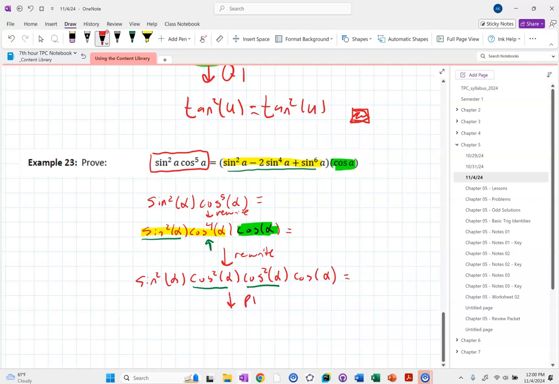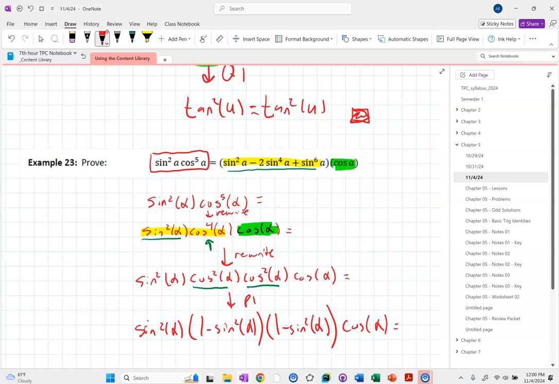Well, I know using P1 I can rewrite cosine squared as 1 minus sine squared. So I'll do that. I guess I did it twice. Is everybody okay there?